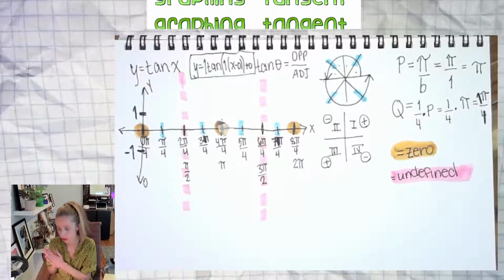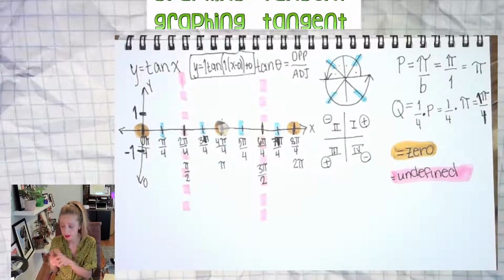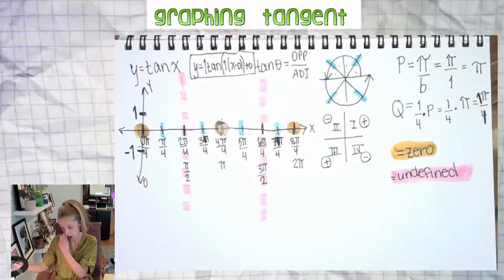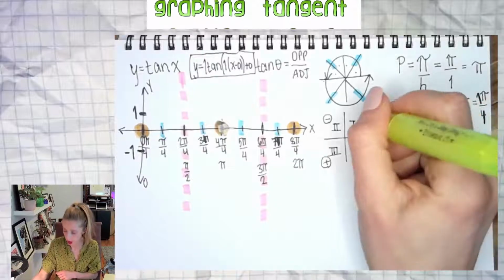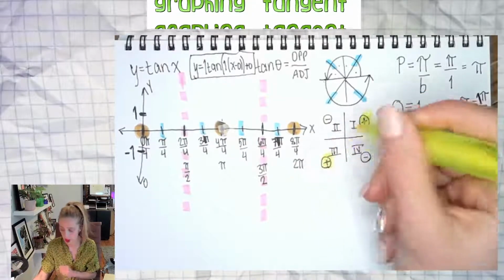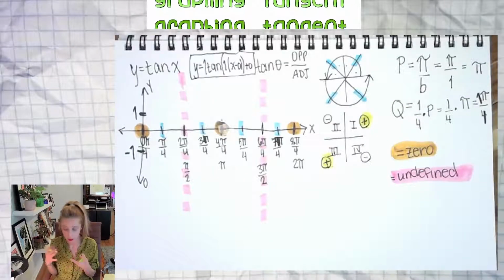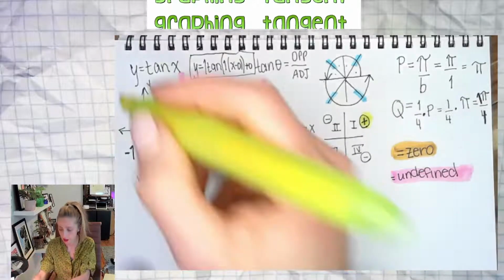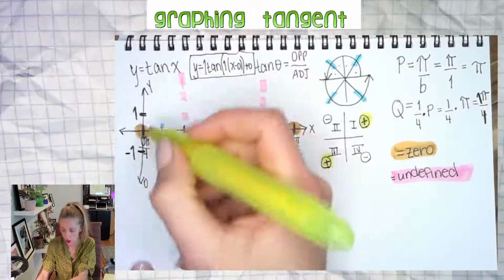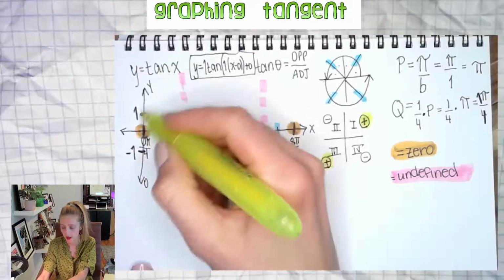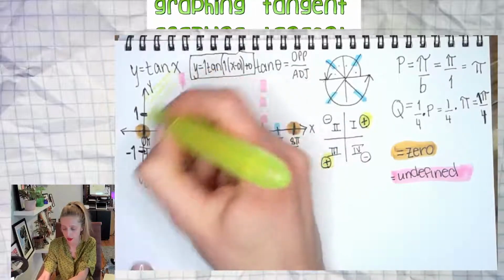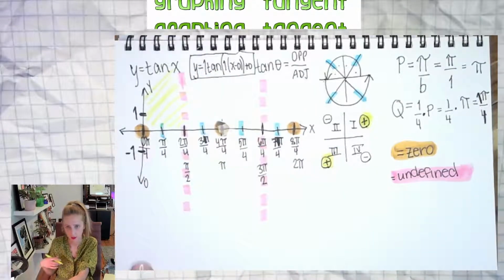Now, we said it's positive in quadrant 1 and quadrant 3. How is that going to relate to the picture? Well, here's quadrant 1 really. Look, 0 to pi over 2. If it's positive, you're going to have graph up there somewhere.